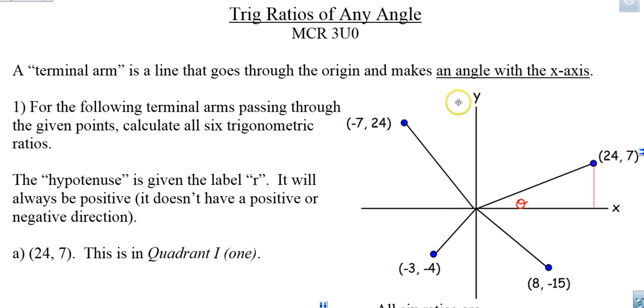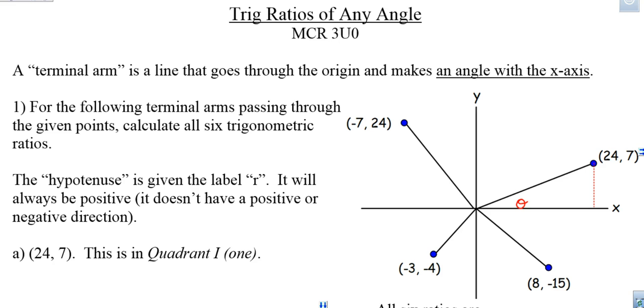So I have the x and y axis here, and I have different points drawn in the 4 different quadrants. Those points all have coordinates, and I've drawn terminal arms to those points. A terminal arm, remember, goes through the origin, and it's going to make an angle with the x-axis.